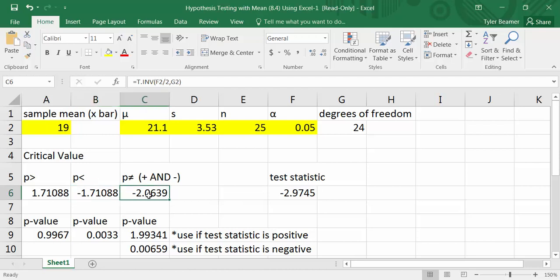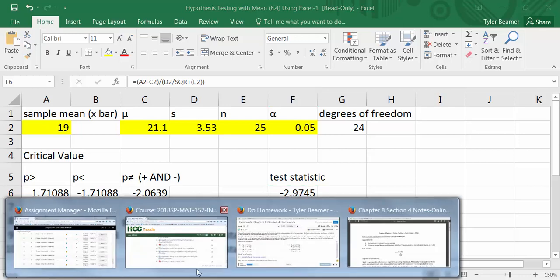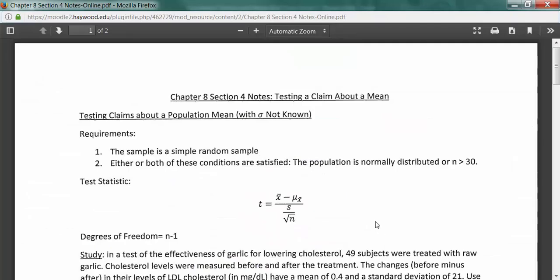And then this is the critical value for not equals to. If we split alpha into each tail, so 0.05 divided by 2, that would be the t-score, the boundary, so that we would then have half of alpha in each tail. Alright, and then this is our test statistic. The test statistic comes from the formula here.